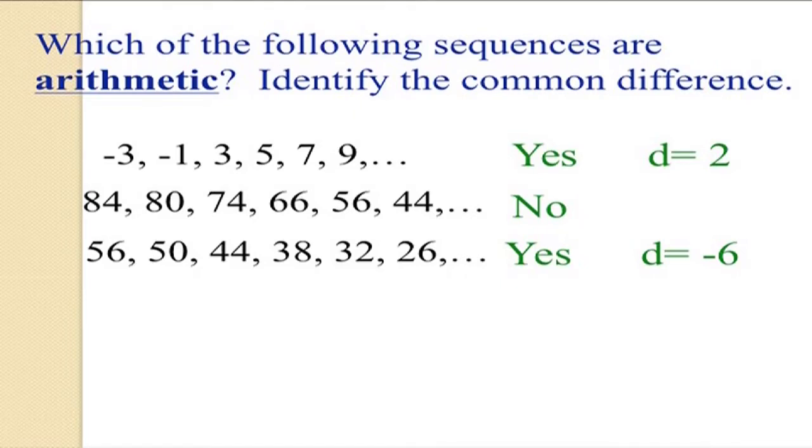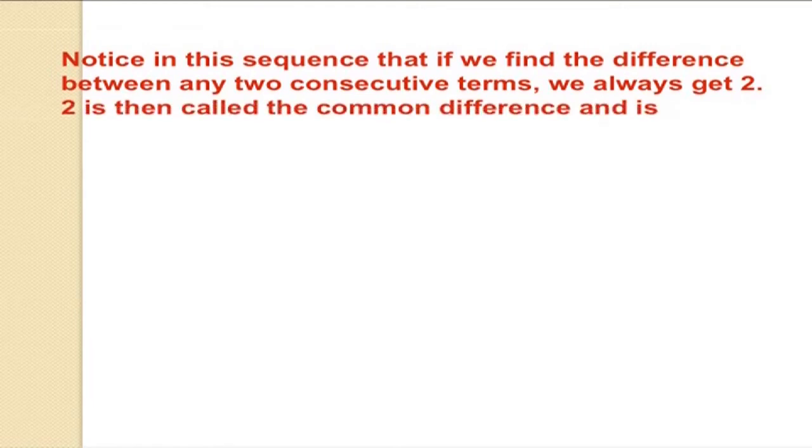So it is an arithmetic progression. And the last one is not an arithmetic progression because the common difference is not the same between the two consecutive terms of the sequence.